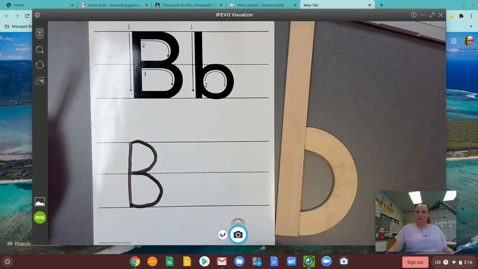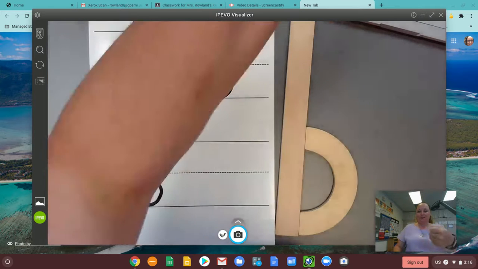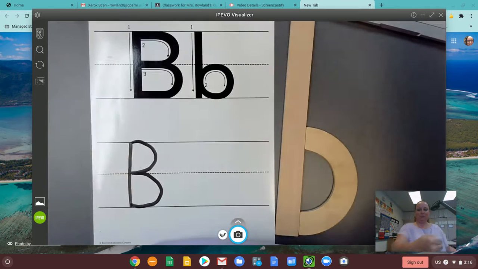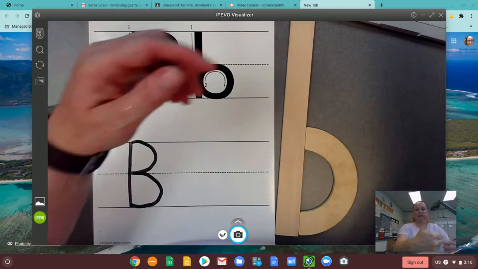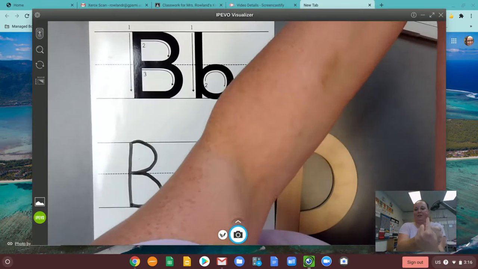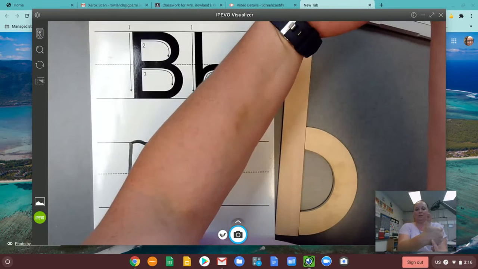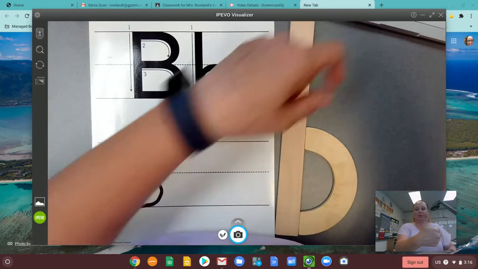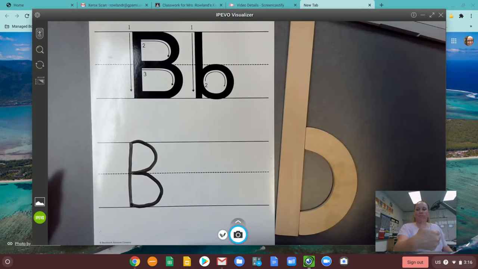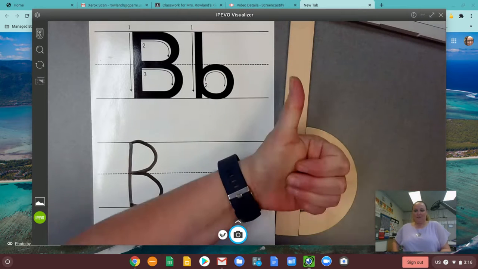Something that I wanted to show you is you always have the lowercase b on your hands. Really. If you put your fist out and you put a thumb up, you can see that here is my line down, and here is my little curve. It matches the B right there.